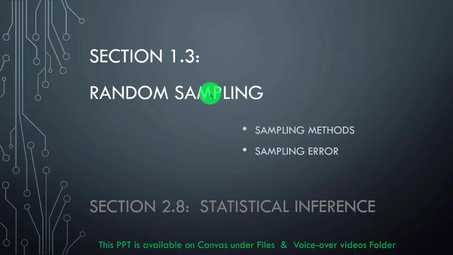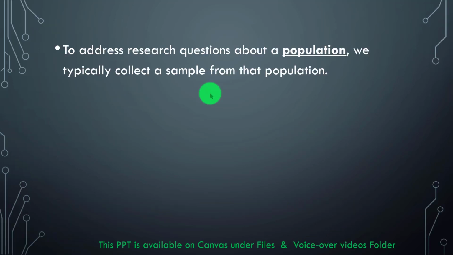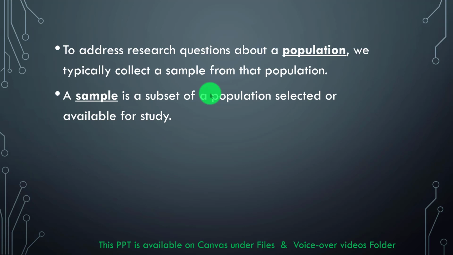Let's start off with a little bit of review. Generally, when there is a research question about a population, we need to collect a sample from that population, where a sample is just a subset of the population of interest.